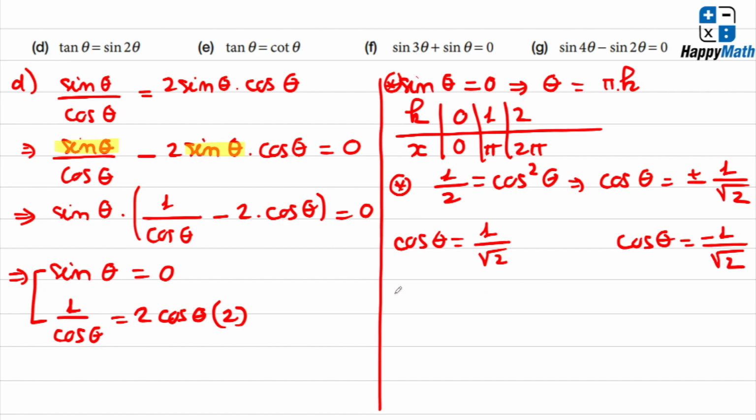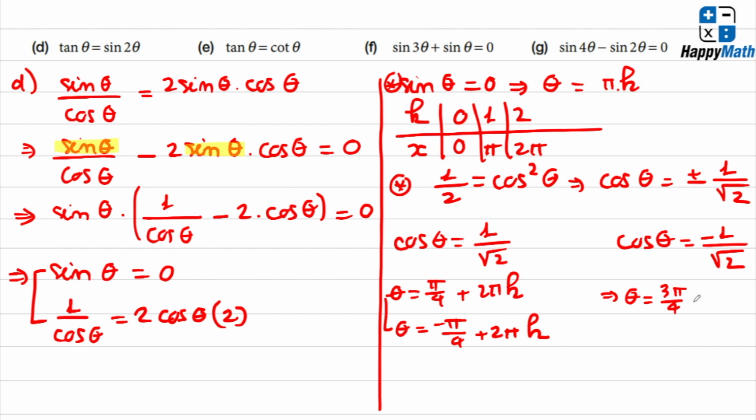For this, theta has two possibilities: the first is pi over 4 plus 2 pi k, and the next is minus pi over 4 plus 2 pi k. And the next side, theta equal to 3 pi over 4 plus 2 pi k, and minus 3 pi over 4 plus 2 pi k.